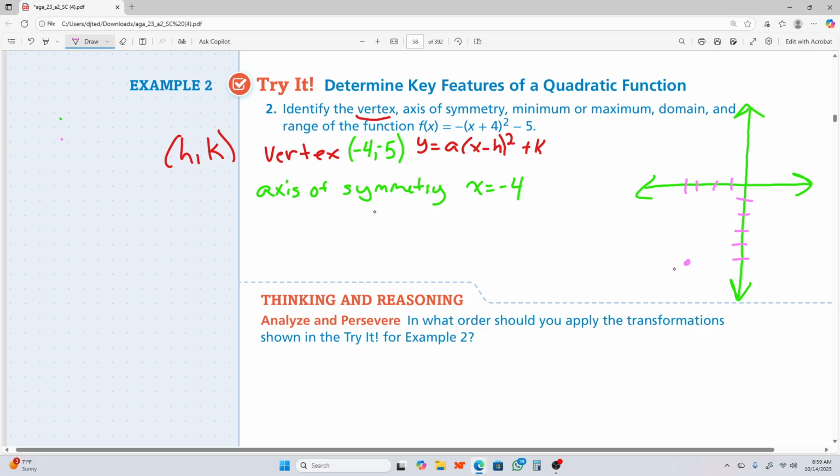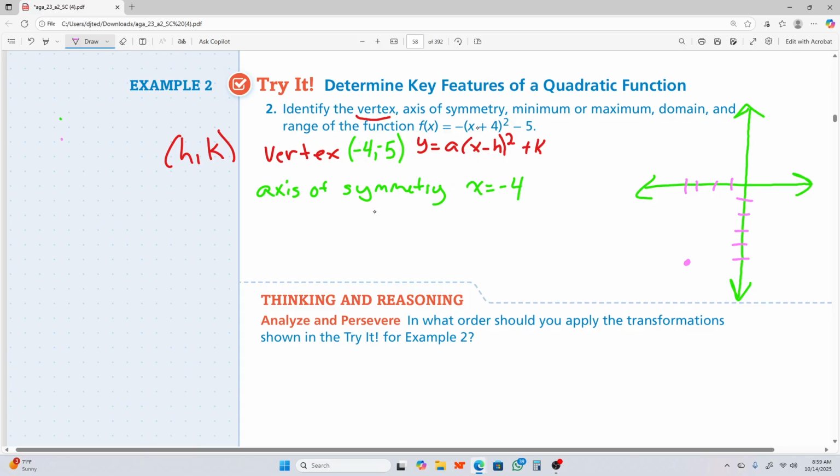And we're going to have a graph. Let's see. When x is 0, 0 plus 4 is 4 squared. Oh, I went the wrong way.